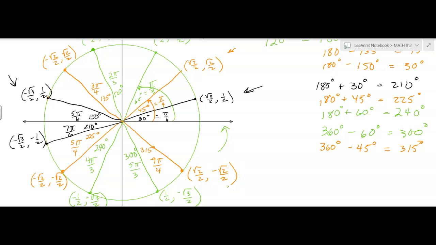All right, and then one more. Right there. That comes from 360 degrees minus 30 degrees. That's the reference angle. And you get 330 degrees, and that is 11 pi over 6. And so again, it's going to have a positive x value, square root 3 over 2, and a negative y value, negative 1/2. And so those are the special angles.